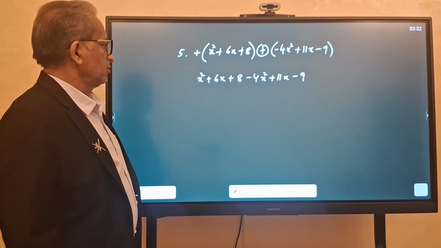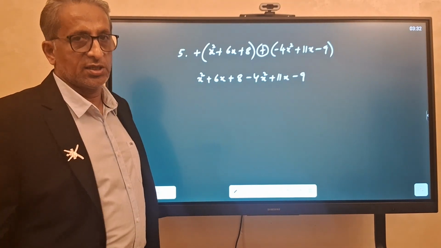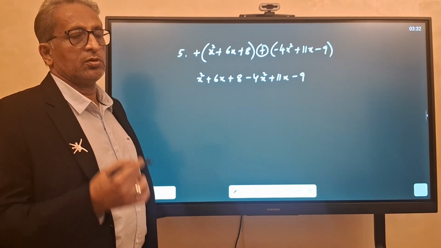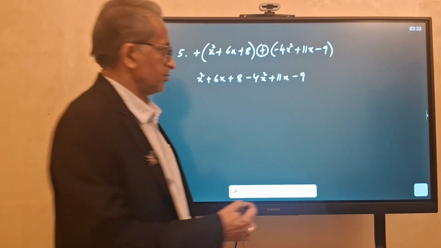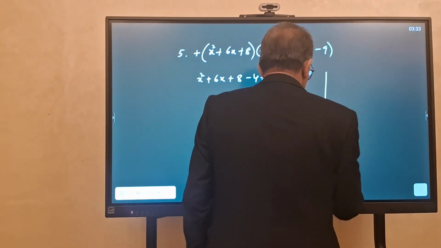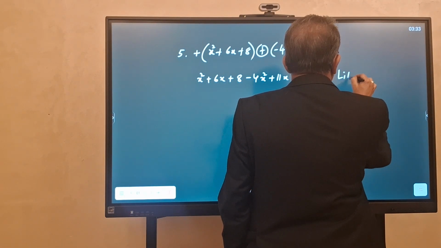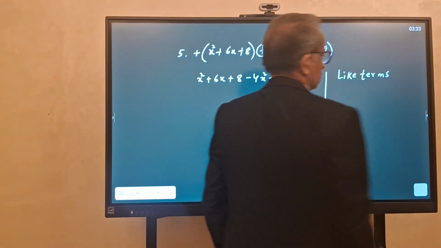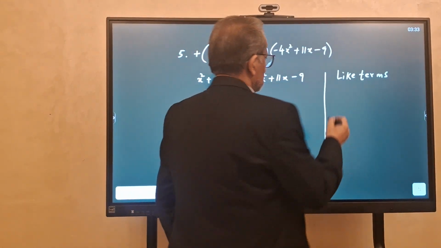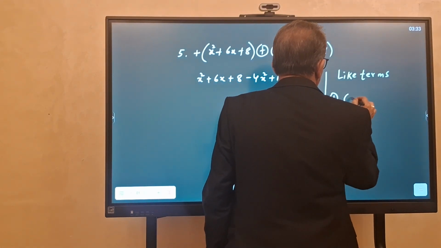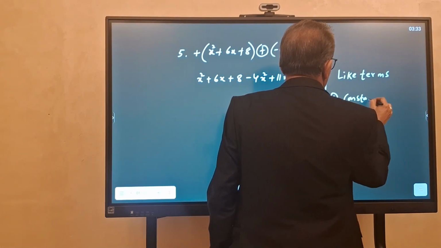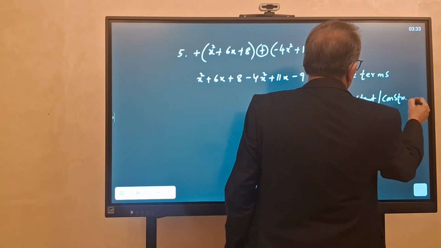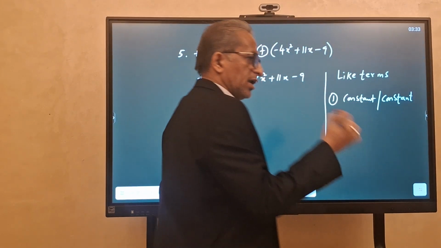Now what I will do, there are 6 terms in this. So what I will be doing here is I am going to identify like terms. So what is the meaning of like terms? That is same terms. Number 1, remember constant and constant, that is number and number are like terms.